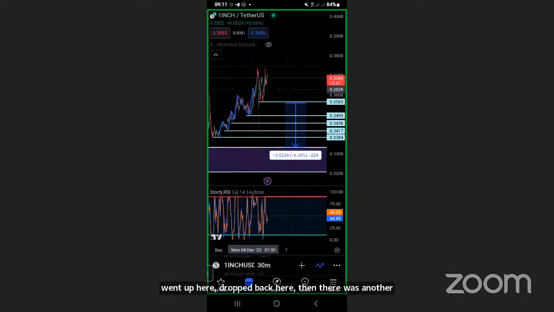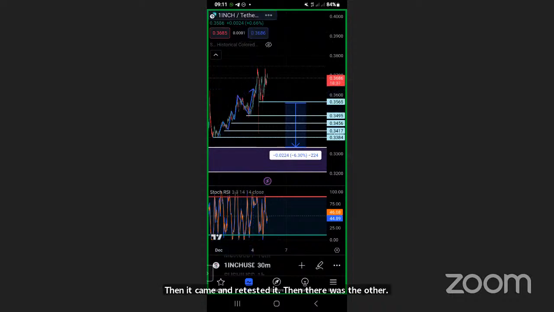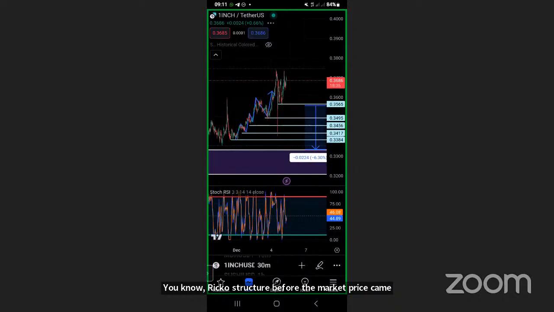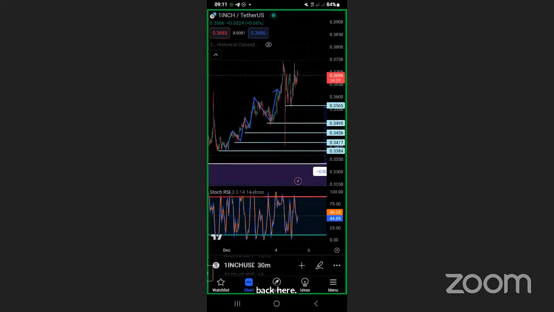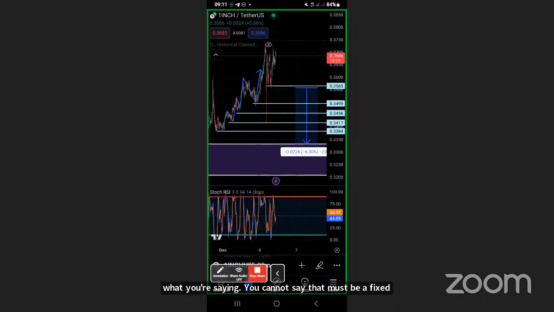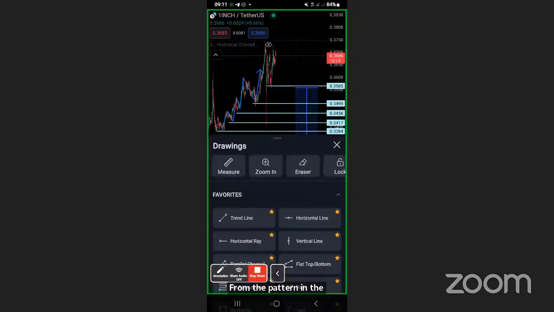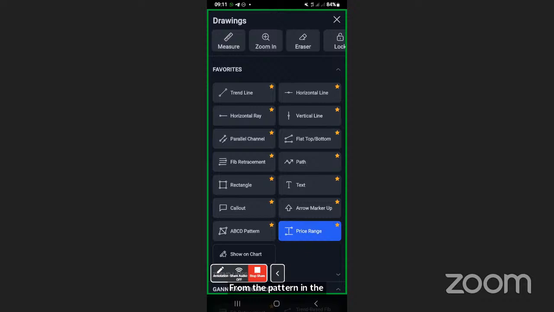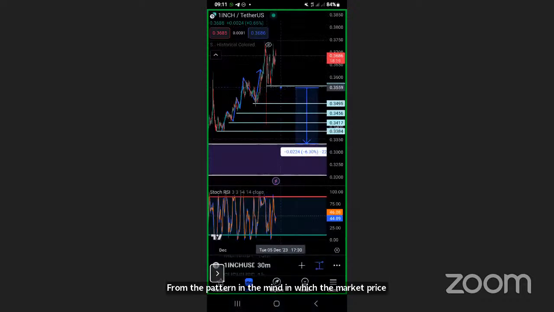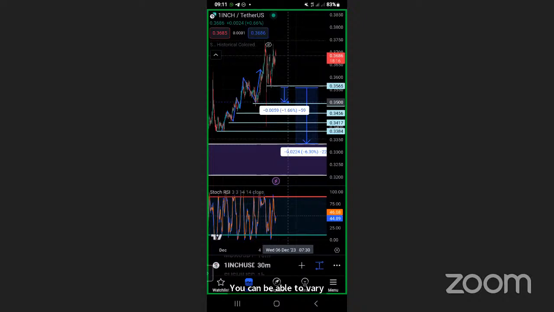With regards to what you're saying, you cannot say there must be a fixed figure. From the manner in which the market price was dropping and establishing continuous higher lows within this trend, you can vary your call drop. For example, the first one, from here to here, the margin call drop is going to be 1.6.